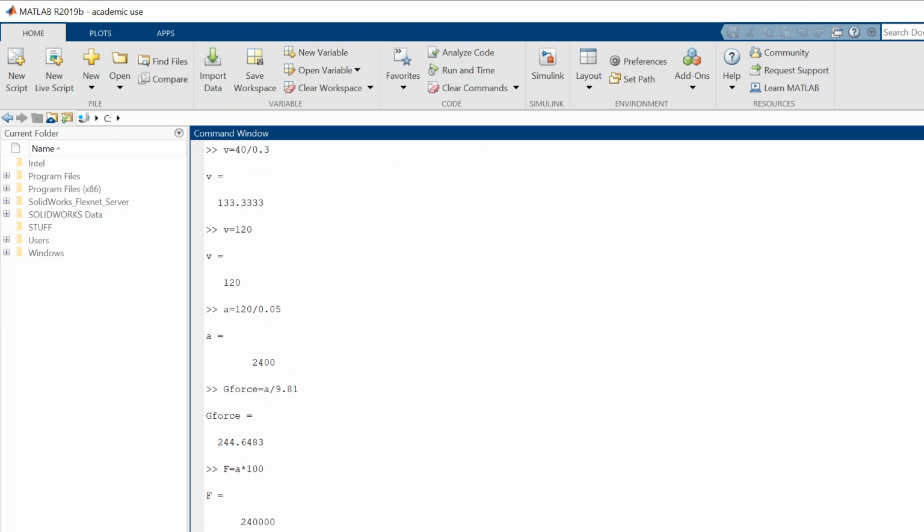Now, for us to find out what that actually is compared in weight, a quick comparison would be, and we don't have to calculate this from here, we can just take the G-force multiplied by 100, and we get this crazy number over here, which actually is over 24 tons.